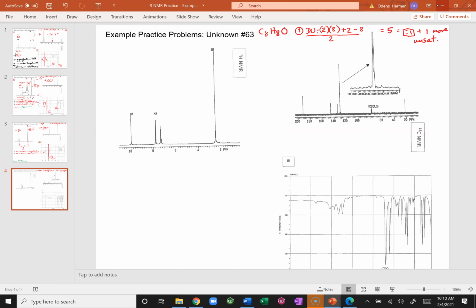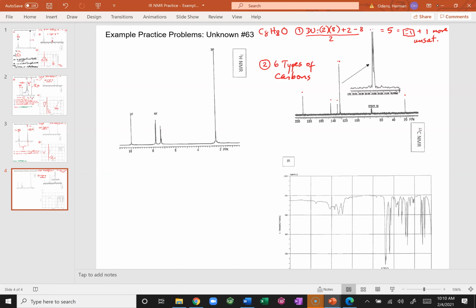Okay, so next thing we do is find your types of carbons. It has how many types of carbons? So you have 1, 2, 3, 4, and notice that this insert says that it has 2. So there's 2 here. So 1, 2, 3, 4, 5, 6. We have 6 types of carbons.